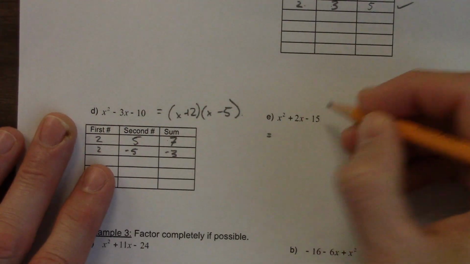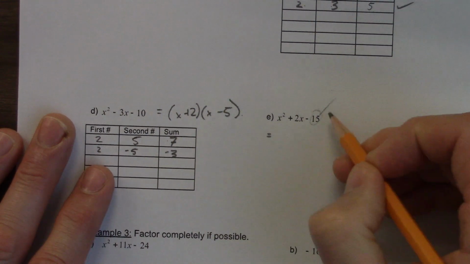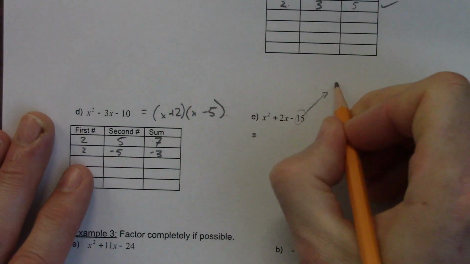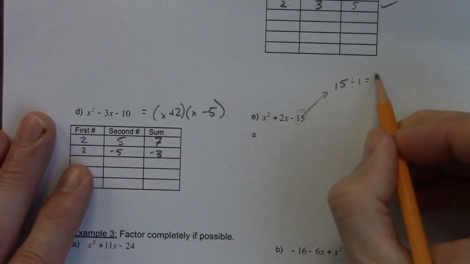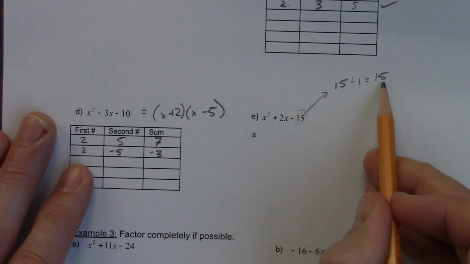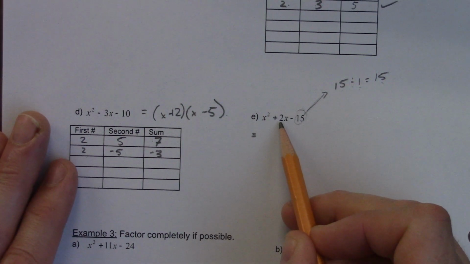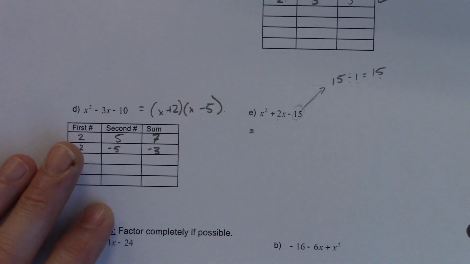You can do this systematically by finding the factors of 15 one at a time. Here's how I've taught this in the past. So 15 divided by 1 gives you 15. So 1 and 15. Is there any way I can get to 2 with 1 and 15, positive or negative? Any way?